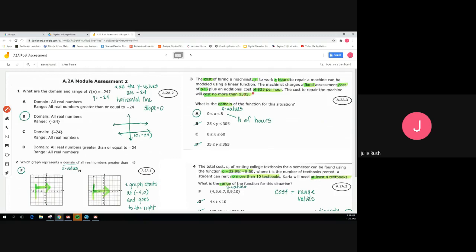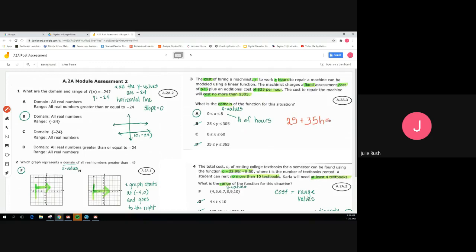That gives me an ending point for my range or my y values, which in turn also gives me an ending for my domain, which is my x values. So the equation here, I could write this equation and it would be $25 plus 35 for every hour. And I know that it can't cost more than 305.